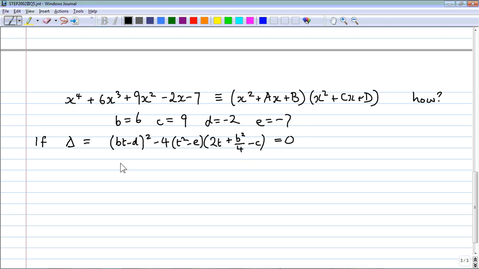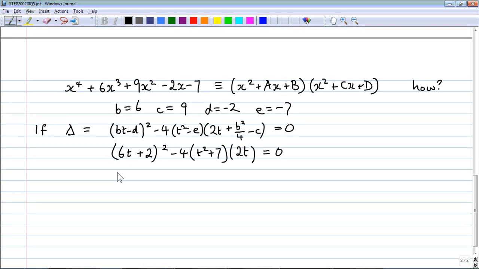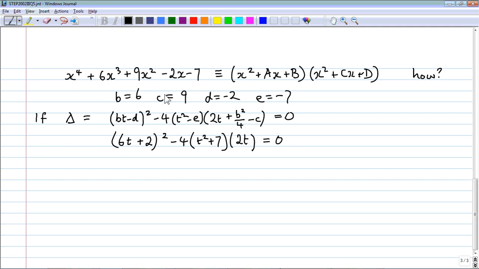So I have (6t + 2)^2 - 4(t^2 + 7)(2t + b^2/4 - c) = 0, where b^2/4 is 36 over 4, that's 9, minus c, which is 9, which is 0. So this should be no problem because, well, I say no problem, but this is a cubic equation in t.